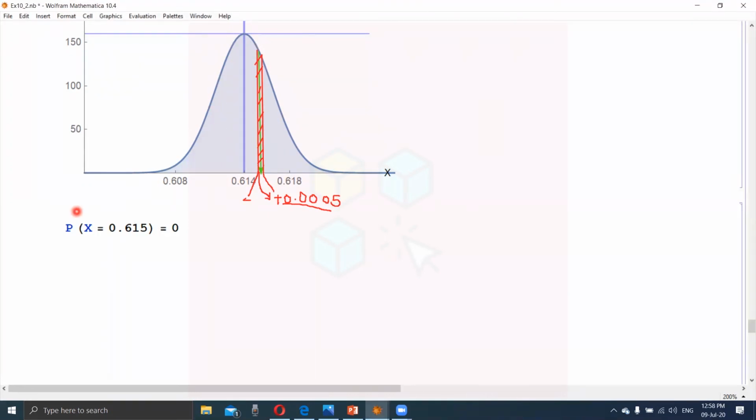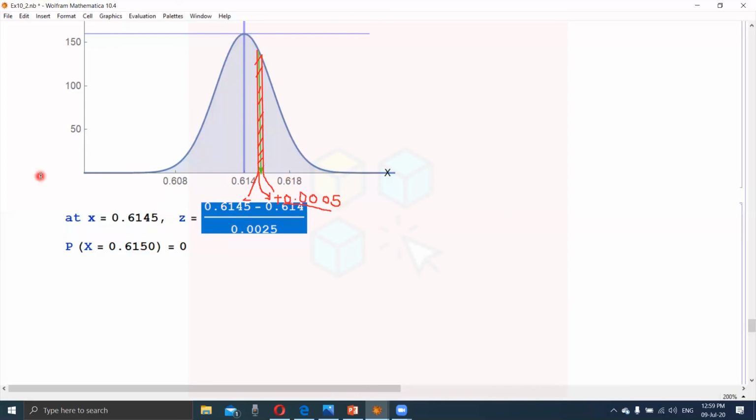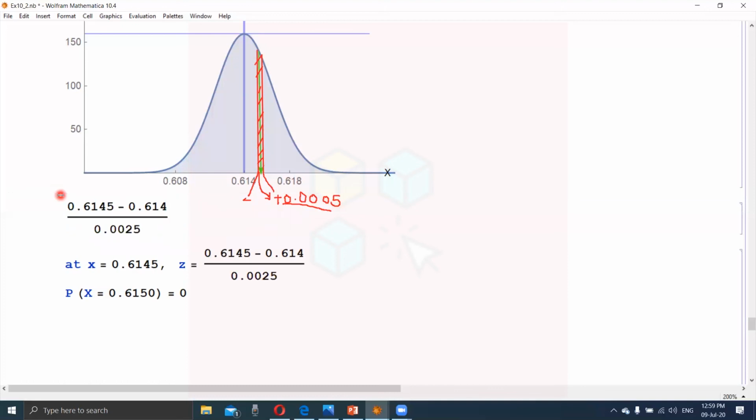So at x is equal to 0.6145, by subtracting, and corresponding z is obtained by subtracting 0.6145 minus 0.614, the mean, and divided by the standard deviation, which is equal to 0.0025, and the expression would be calculated by the software, and this gives us the result 0.2.